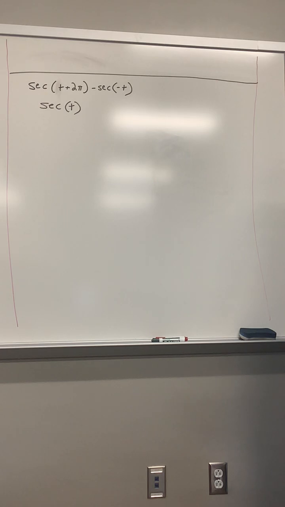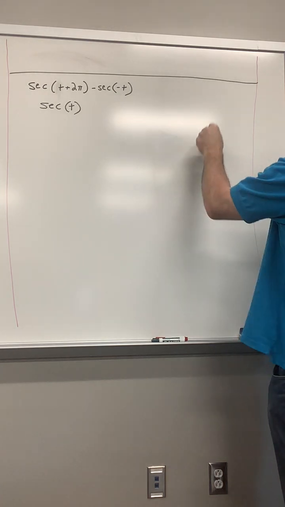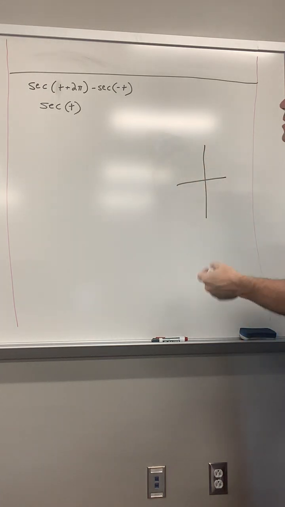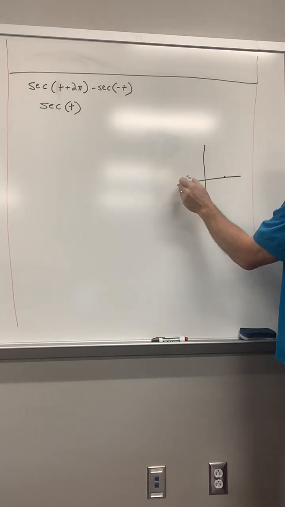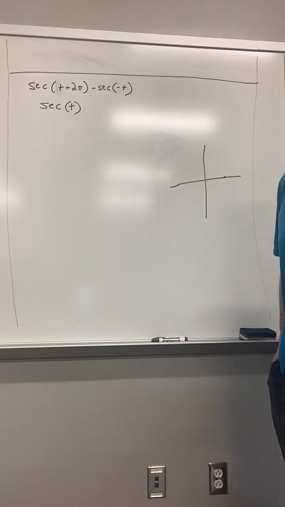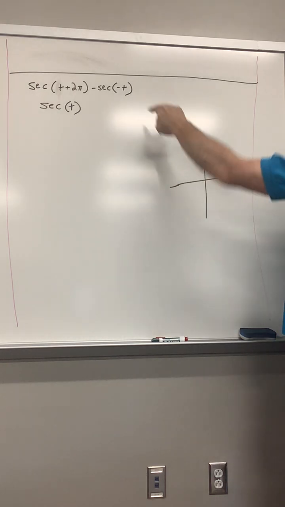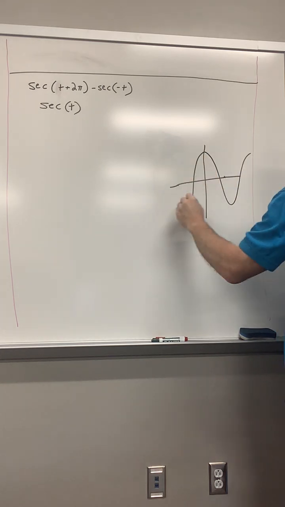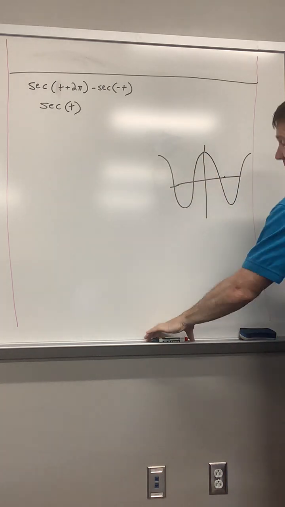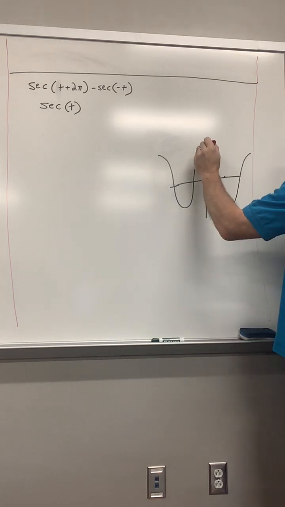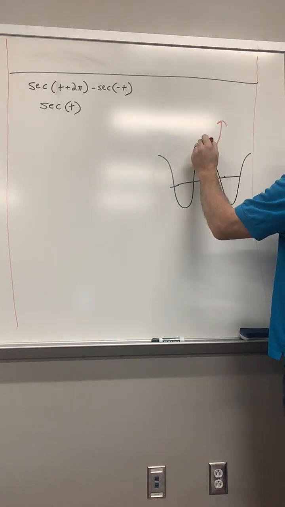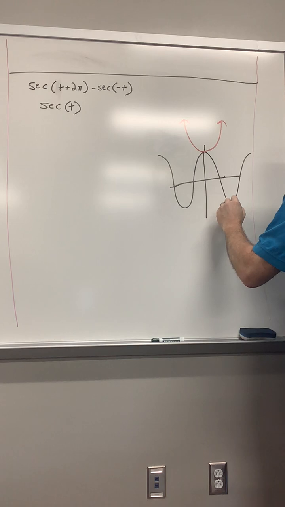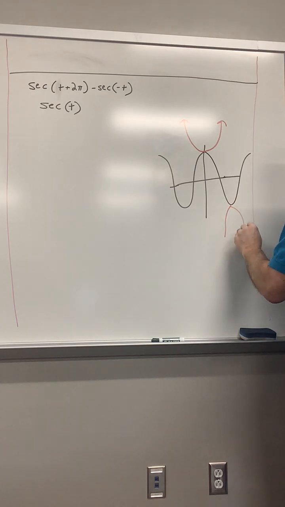we care about the even and odd nature of these trig functions, and for the purposes of this, I know secant is the reciprocal of cosine, and you should know this for secant, but we know the trick. I can graph my cosine wave, which looks like this and looks like that, and I then know if I want to graph secant, I just kind of make these u's in the ends like this.